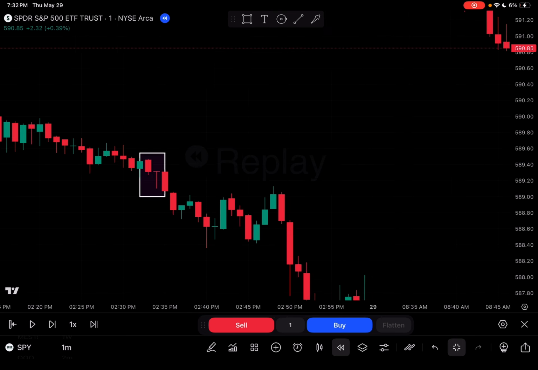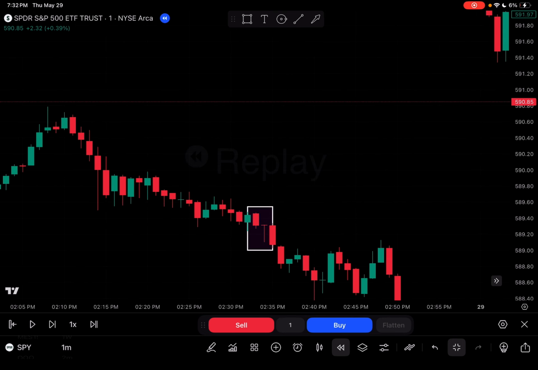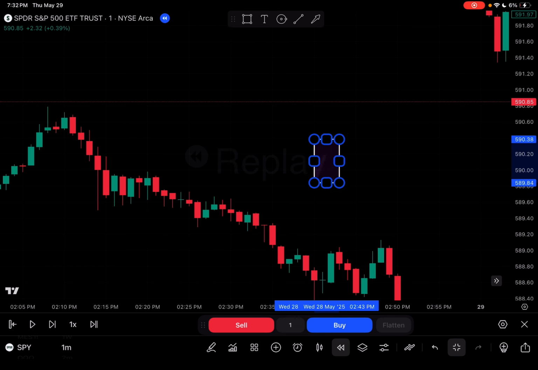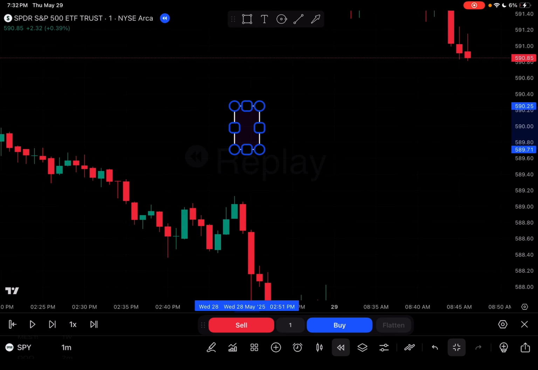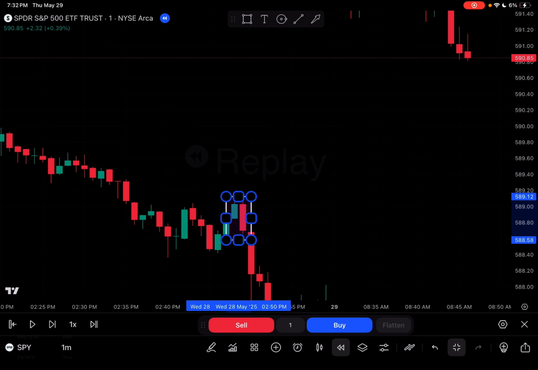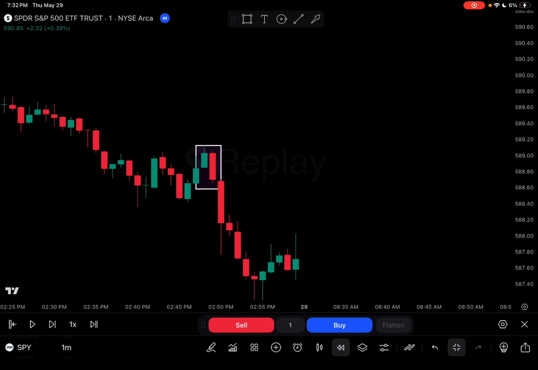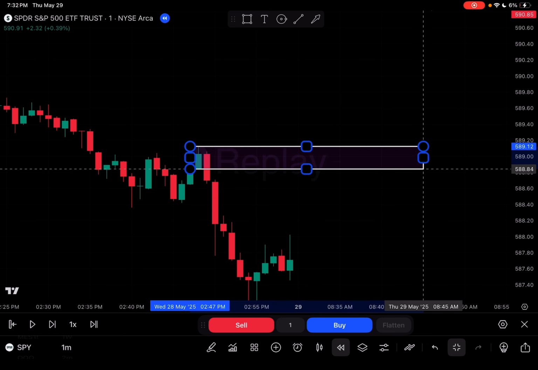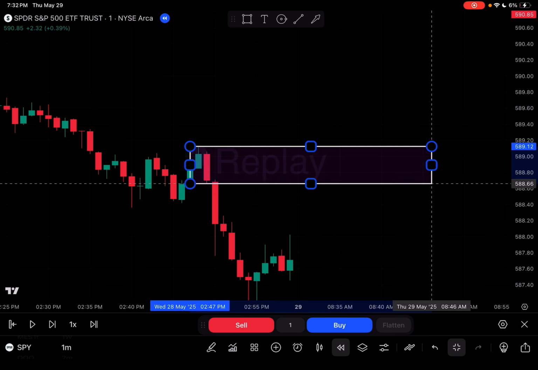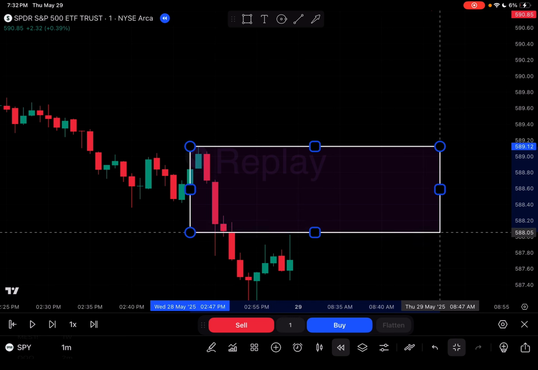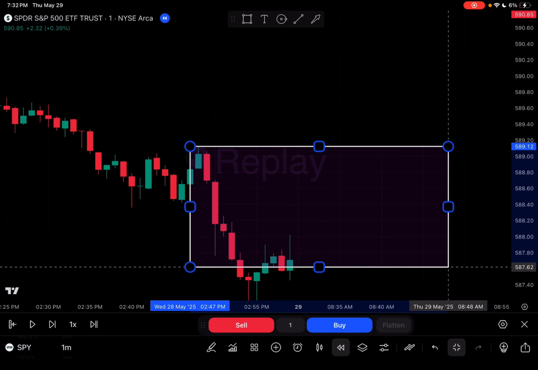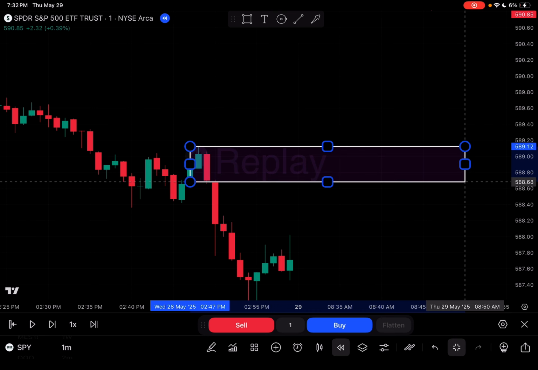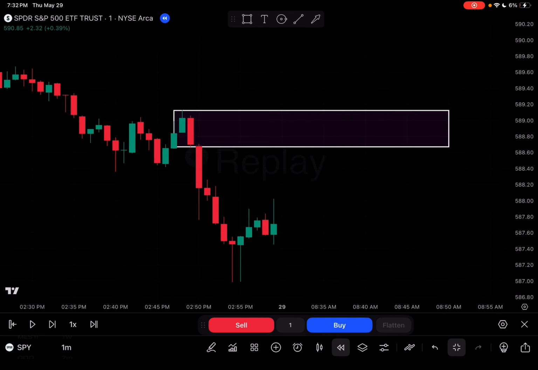Now, supply zones can vary depending on what your range is. Some people take the supply zone to where their start and the end of their supply zone is like here. Like for me, this whole thing I consider my supply zone. Some people may consider it just this, because that's where price drops.